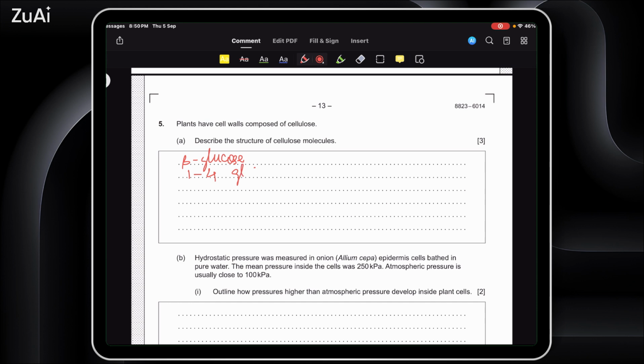Cellulose is unbranched and it is a straight chain. It is not spiral.